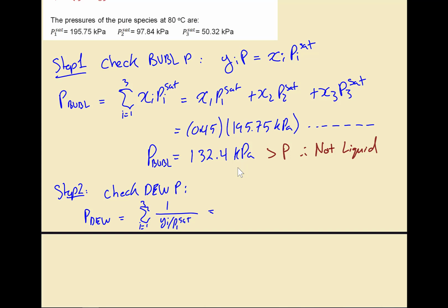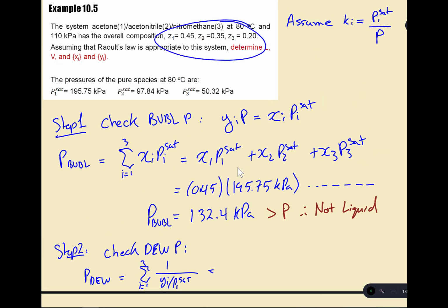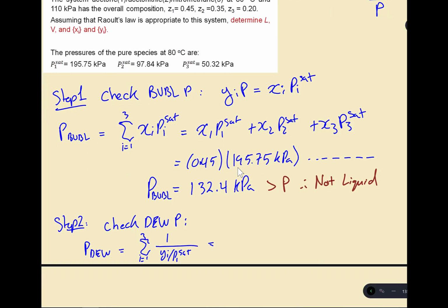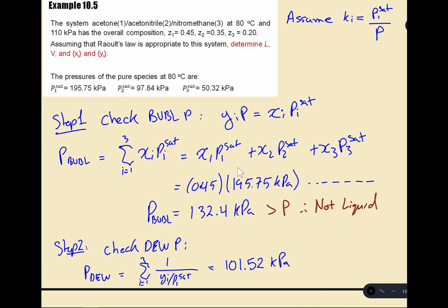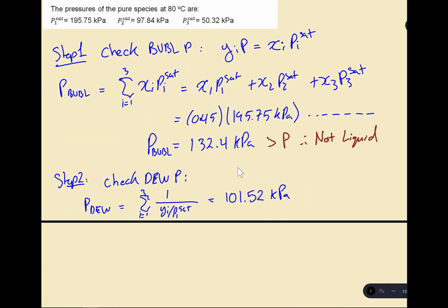In this case, we're assuming y equals z. So whatever composition we have up here is all in the vapor phase, and I'm just starting to condense. So that's the dew pressure. You plug in the numbers and you get 101.52 kilopascals. My pressure is 110. So that means the dew pressure is lower than P. Therefore, we know we have a mixture. So we have a liquid-vapor mixture.